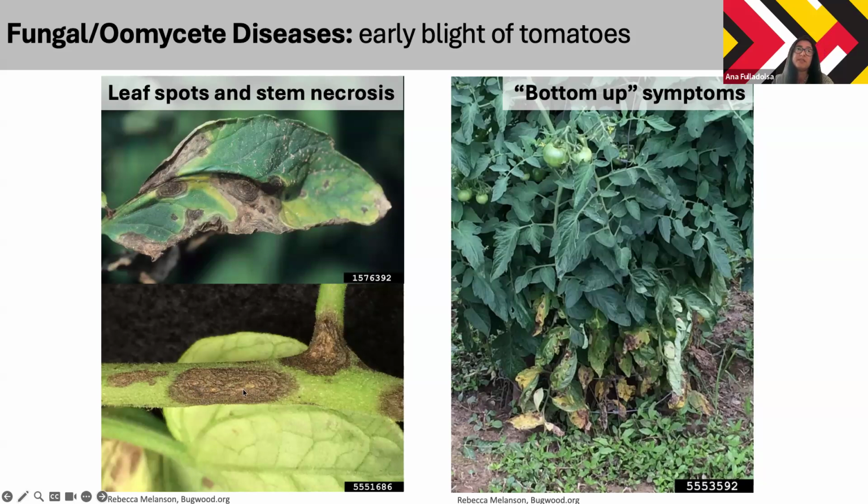Now, this doesn't happen 100% of the time, but it's a good characteristic to pay attention to if you're scouting, trying to figure out what the fungal problem is that you have. Another important characteristic of this disease is that it develops symptoms from the bottom up.